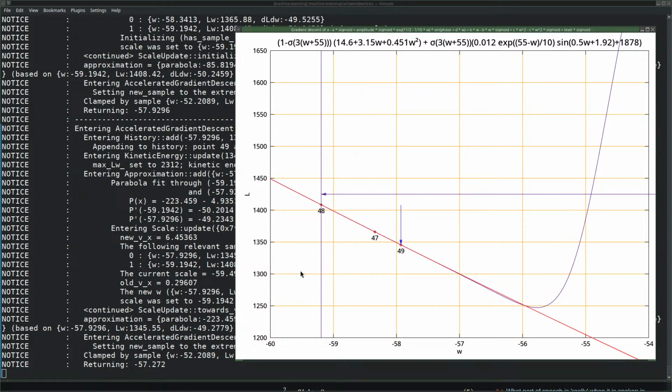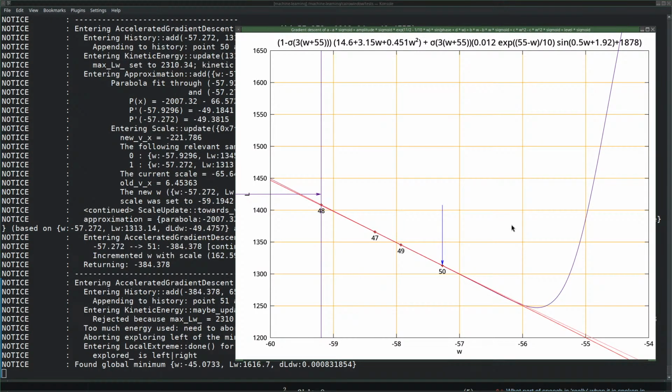But okay. How the hell can it say that it found a global minimum here? We're still moving towards a better minimum.